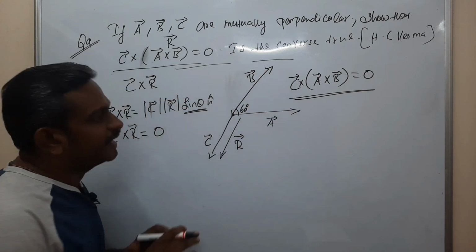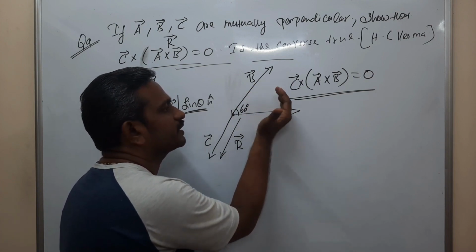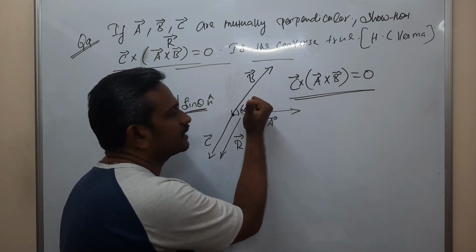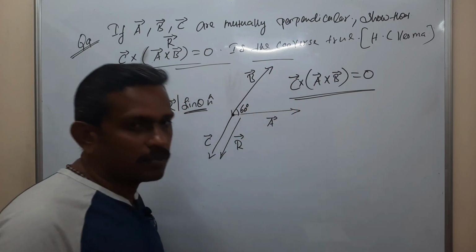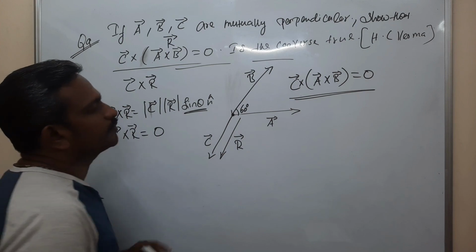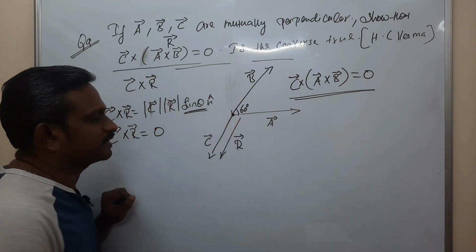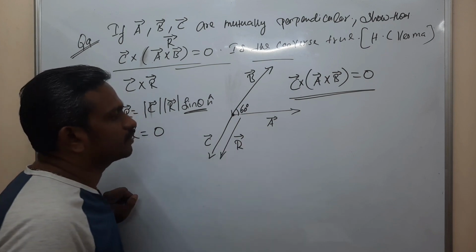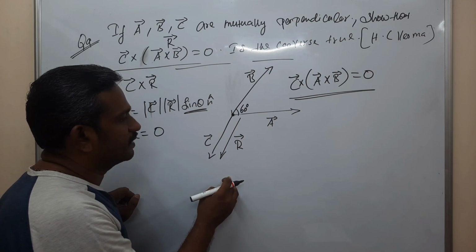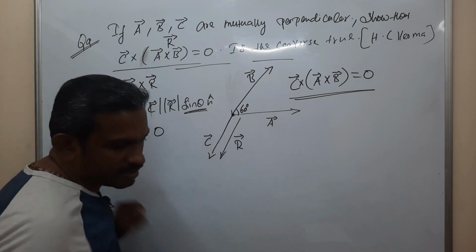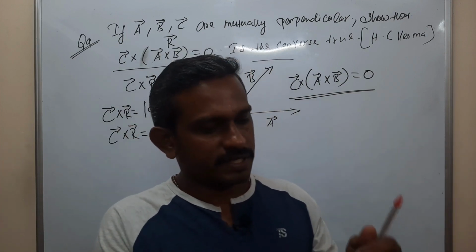This is B vector. What is the direction of the resultant? It is outward from the board. Outward from the board means it is the same in this direction. So R is the resultant vector. In this case also R is the resultant vector, so R vector is along the C vector. So I will show you these three vectors.